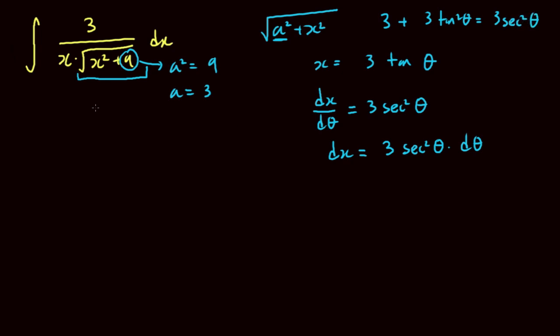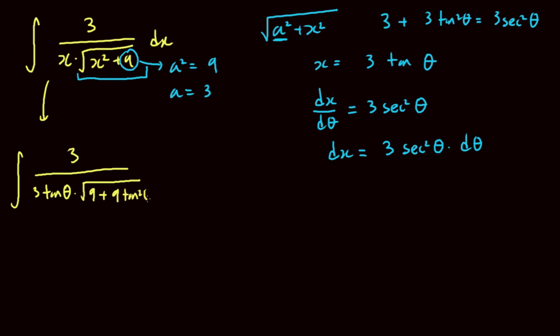Okay, so once we're going to our actual integral and trying to solve it, we get x, as we know, is just simply 3 tan theta, and here is the square root, so it's just simply 9 plus 9 tan squared theta, times 3 sec squared theta d theta.